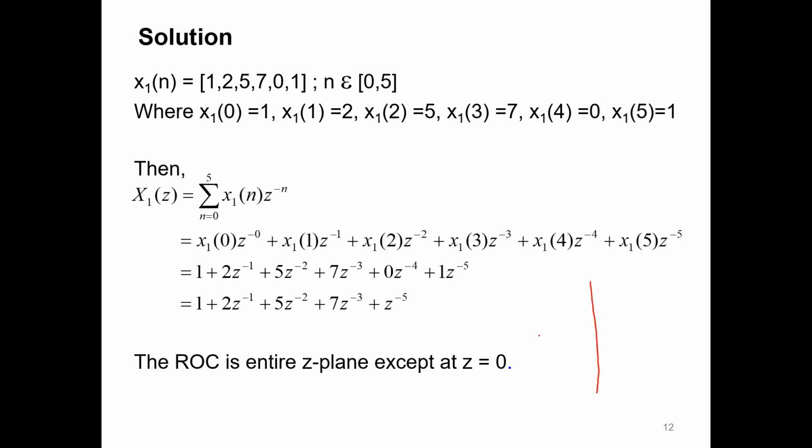Like this. This is the Z plane. This is the real axis, and this is the imaginary axis. This particular Z transfer function is not defined here at the origin, where Z equals 0. It is defined everywhere else.